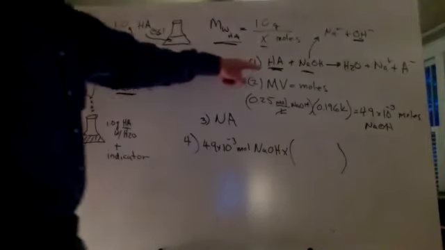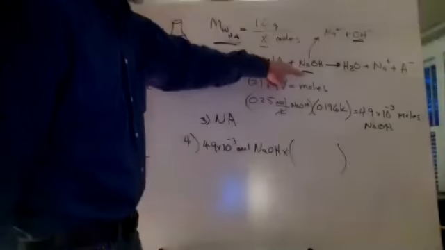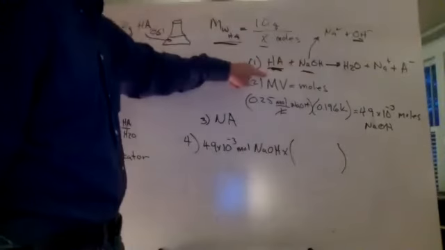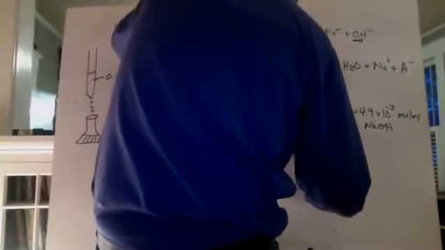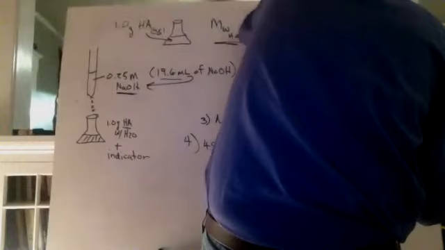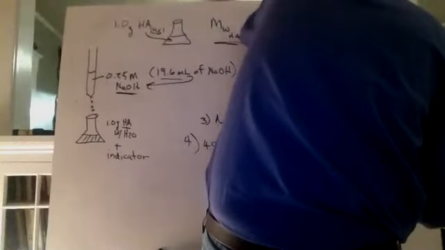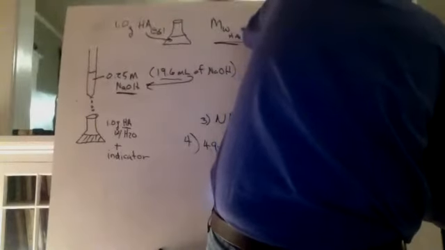And our chemical equation shows us that for every mole of NaOH that was added, we consume 1 mole of the acid. So there's 1 mole of HA for every 1 mole of NaOH. And the moles of NaOH cancel, and that means that we have 4.9 times 10 to the negative 3 moles of HA.